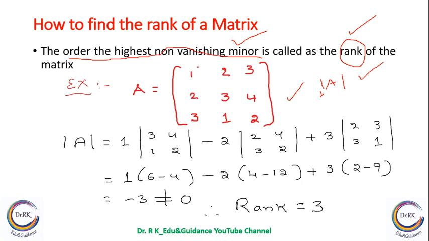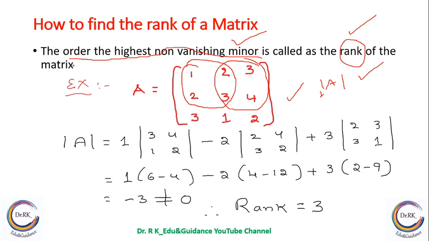Suppose we take this submatrix 1 2 2 3 and take its determinant, this is another minor of order 2. Similarly, if we take this submatrix and its determinant, it is another minor of order 2, like this, right?